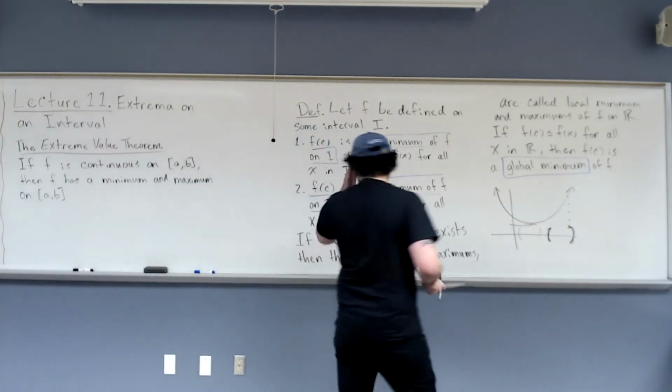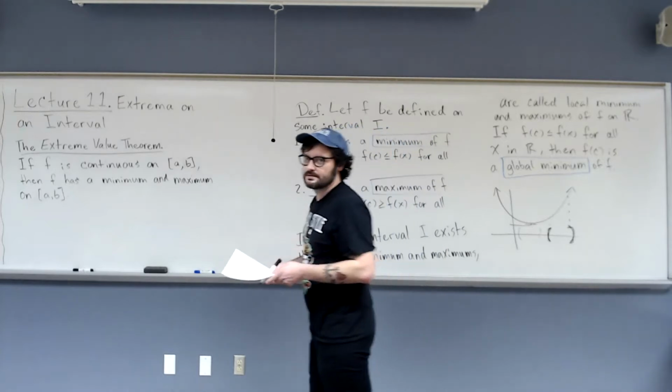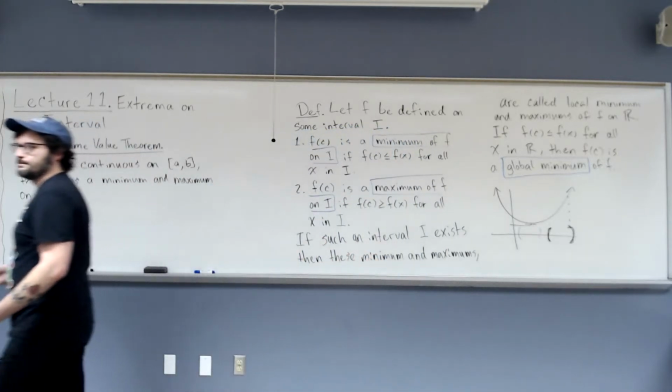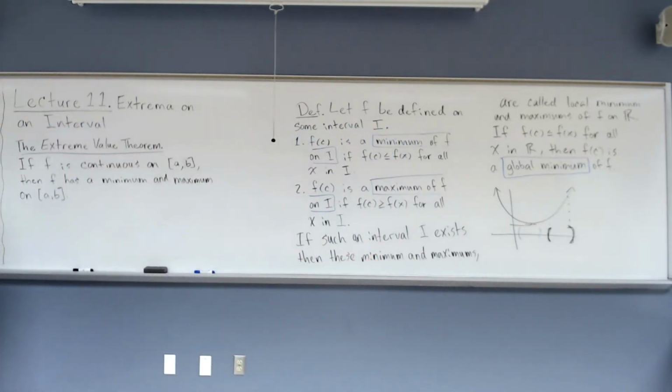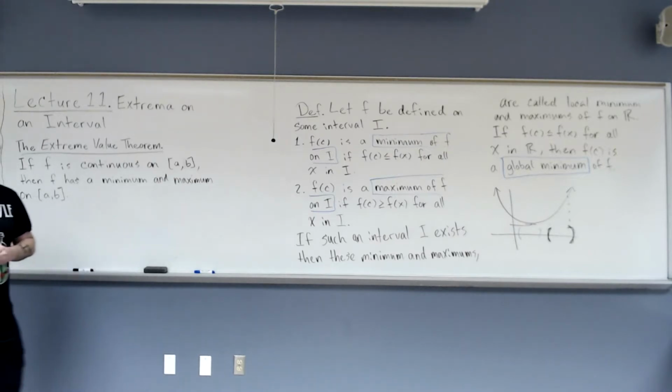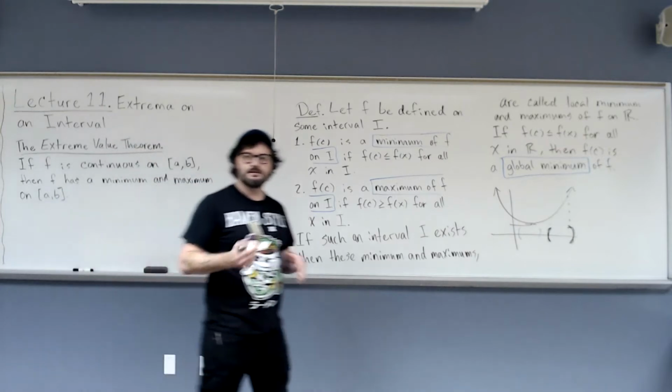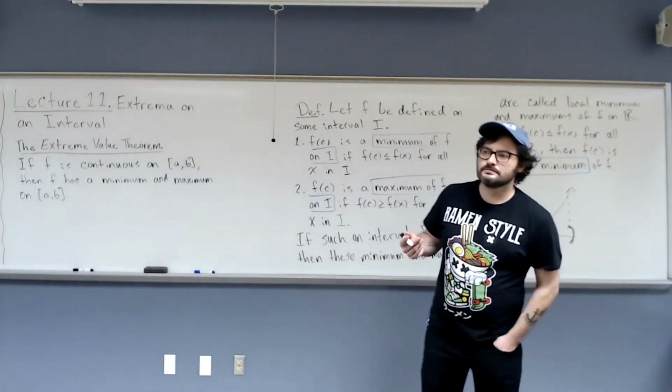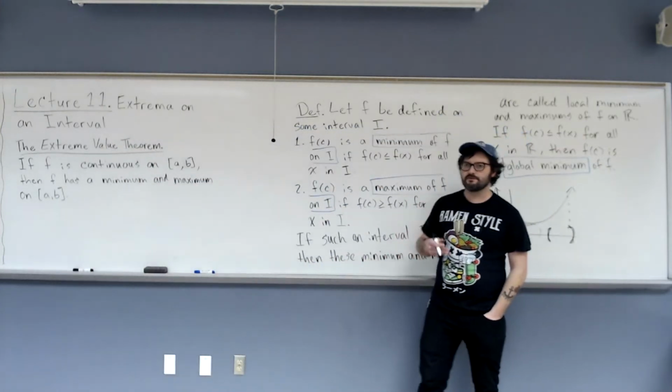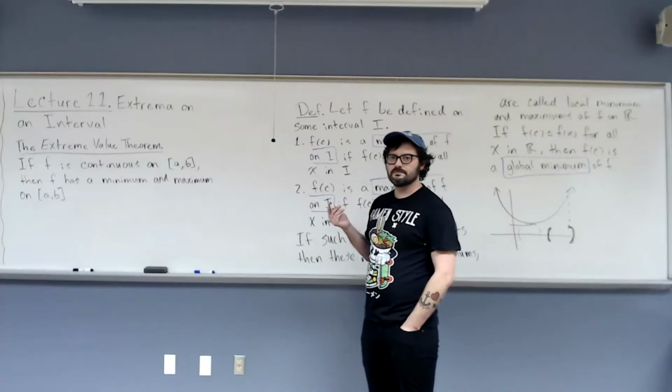So why would this make sense? Why would this make sense? Well, what do we know about continuous functions on a closed interval? They attain every value between f of a and f of b, remember that theorem?